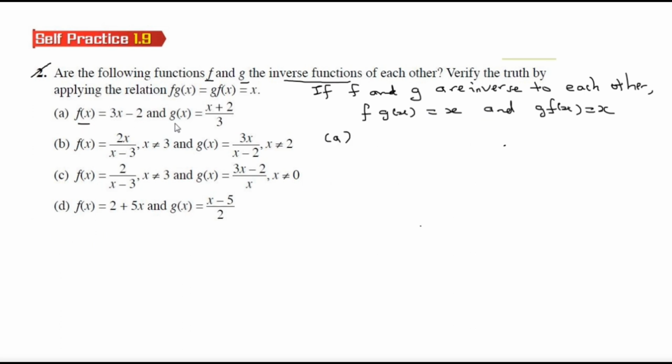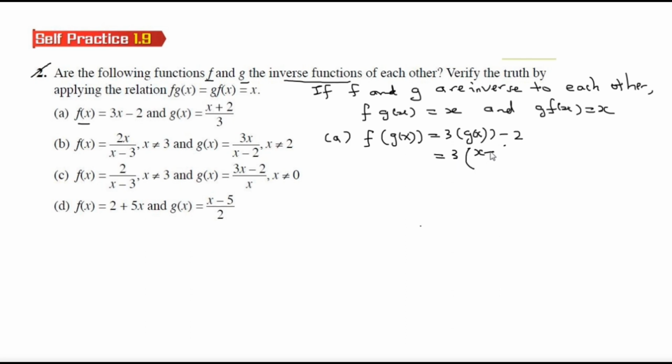Given f(x) is 3x minus 2 and g(x) equals to (x plus 2) over 3, we start with f(g(x)). Find the composite function f(g(x)). This is f(x) equals to 3x minus 2. So substitute g(x) here. Same thing we do for the other side. So what is our g(x)?